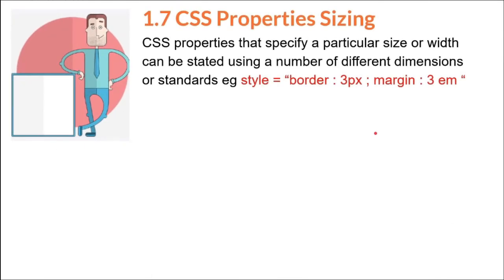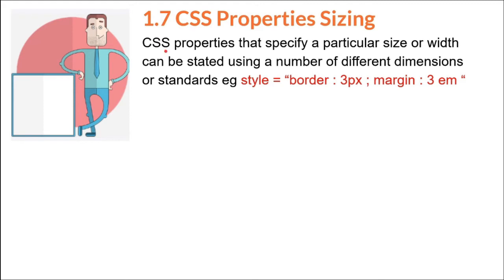Okay, CSS property sizing. When you specify the size of a margin or a border or padding, you can use different units for specifying the size. For example, you can use pixels.